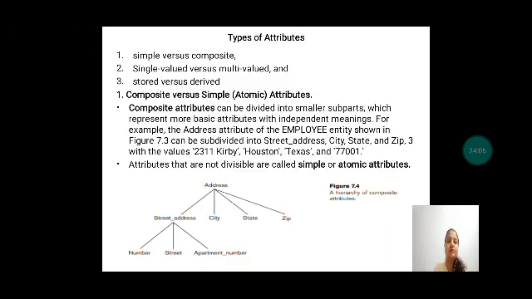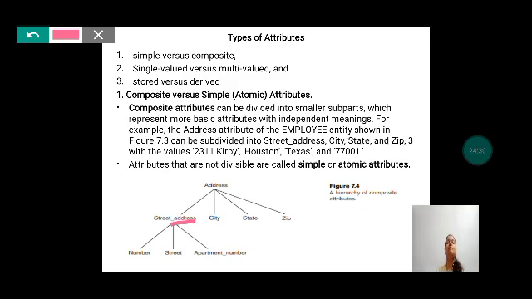And again the street address can be subdivided into street number, street name, and apartment number. If any attribute can be divided into smaller subparts which represent more basic attributes with independent meaning, such attributes are called composite attributes.